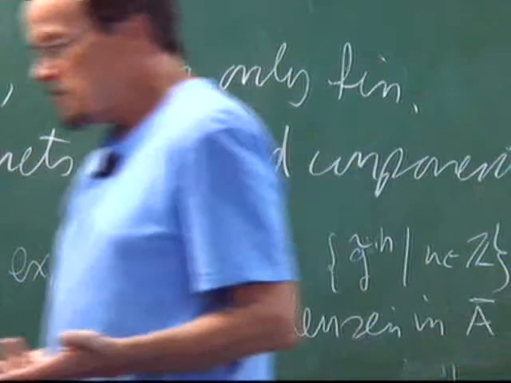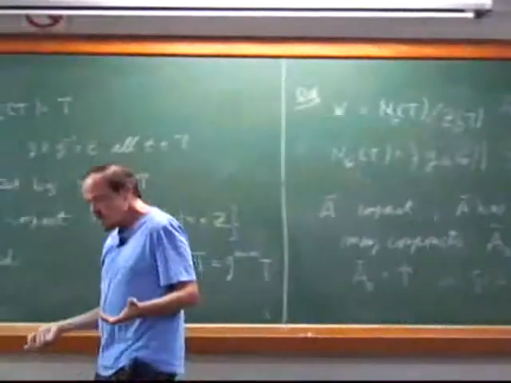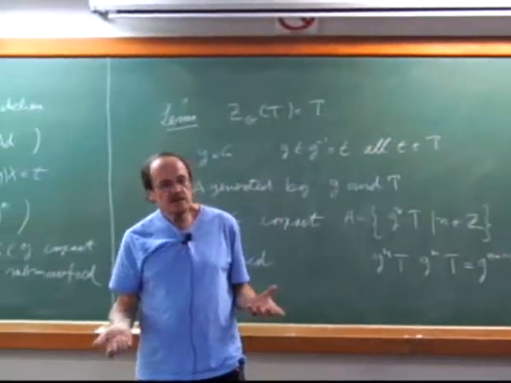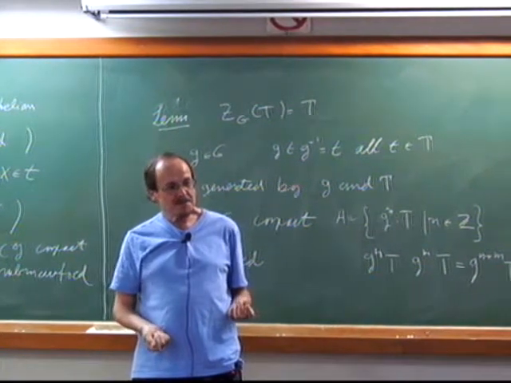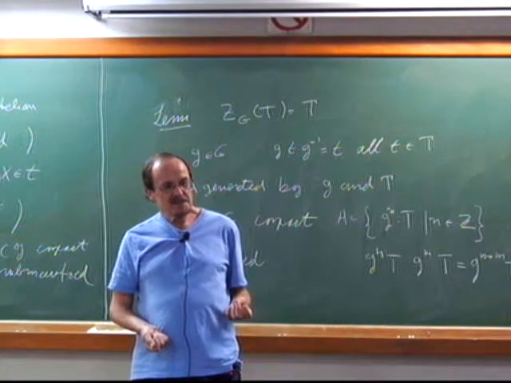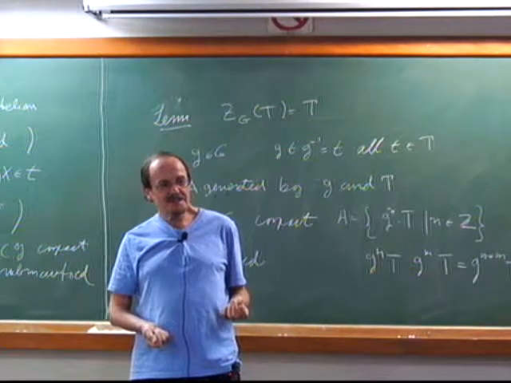Let's first think about a maximal torus. Whatever the maximal torus, I claim there's an element such that all powers of the element are dense in the maximal torus. How would I construct such an element?